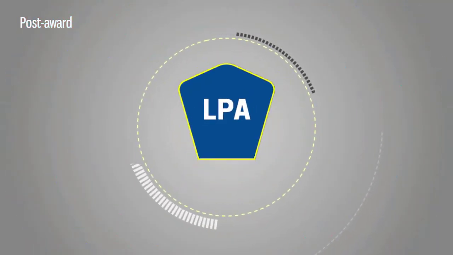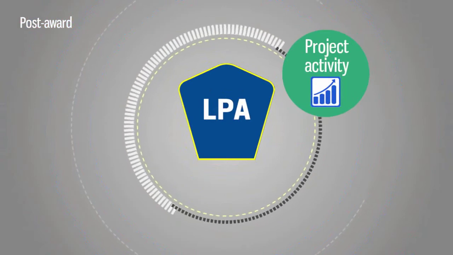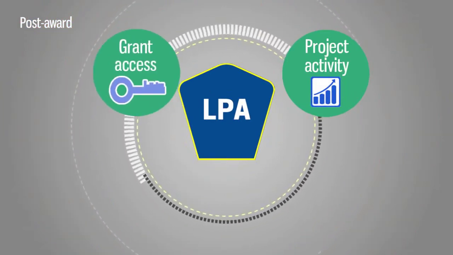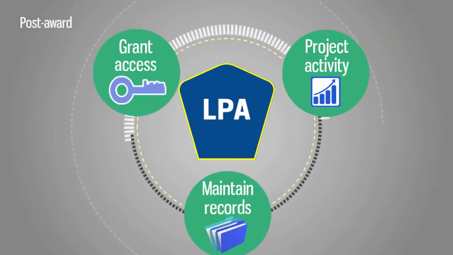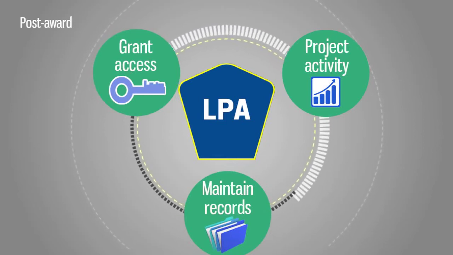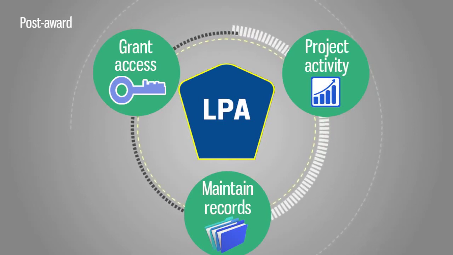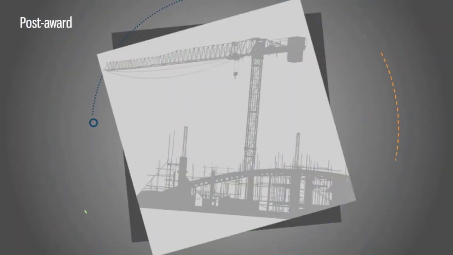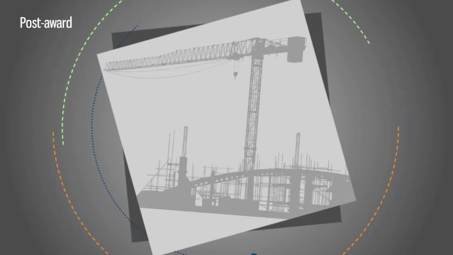Your agency needs to properly document project activity, grant access to the records, and maintain these records for 3 years after the final expenditure report is submitted, unless the regulations state otherwise. Some additional post-award requirements are important for LPAs to know.